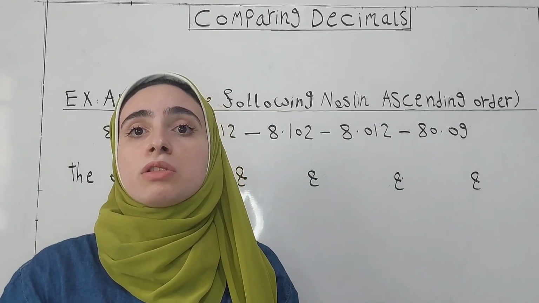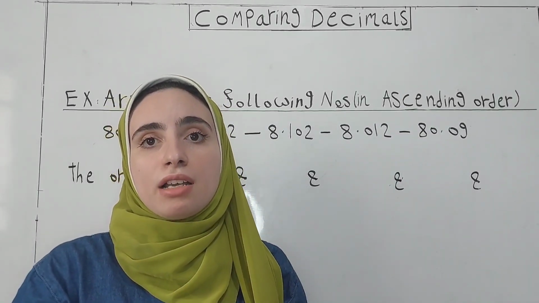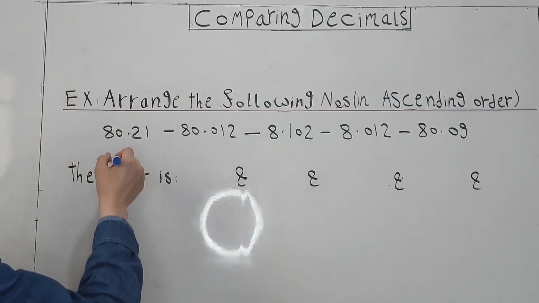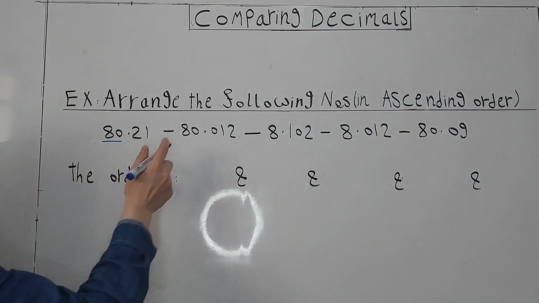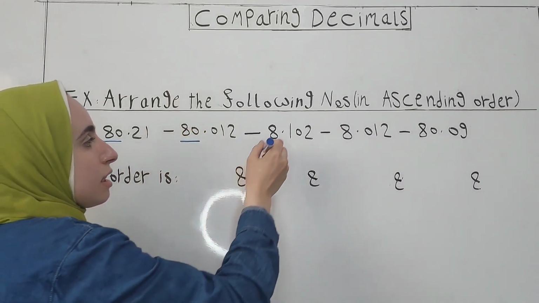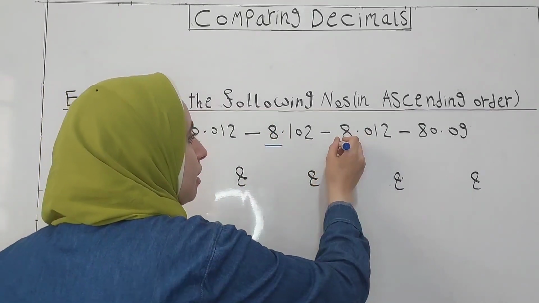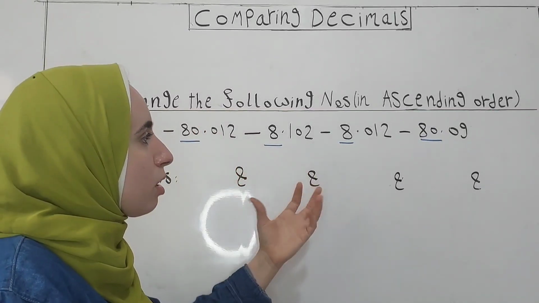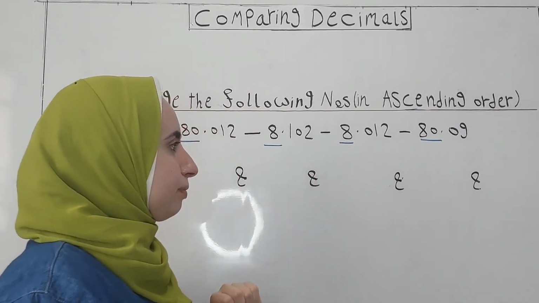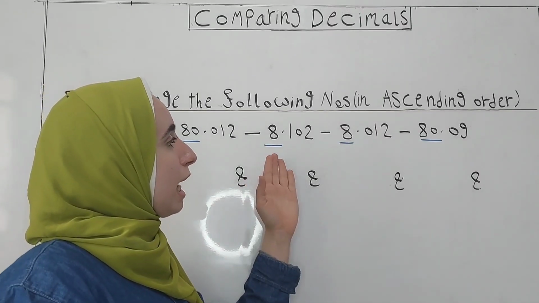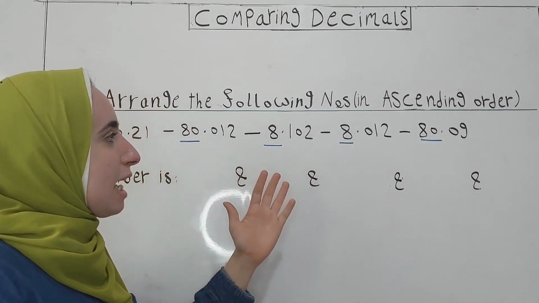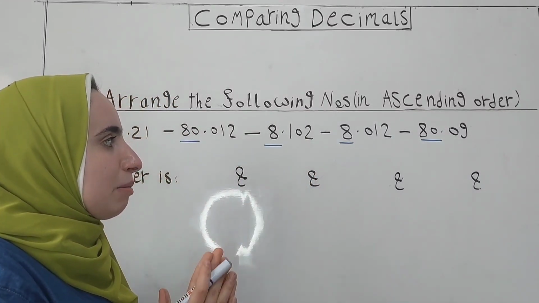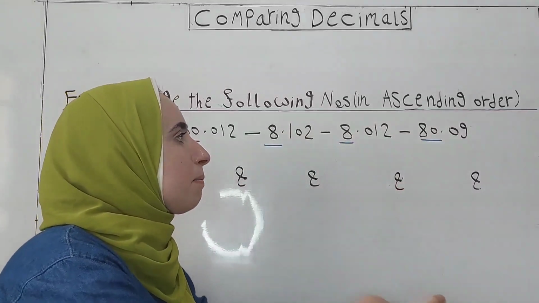Now, to make a comparison between them, we put our eyes on the left, on the integral part. This number has 80, and this number has 80, this has 8, this has 8, this has 80. We start from the smallest number, 8. Now, we have two numbers that have 8 in the integral part, the same. Go to the decimal part.